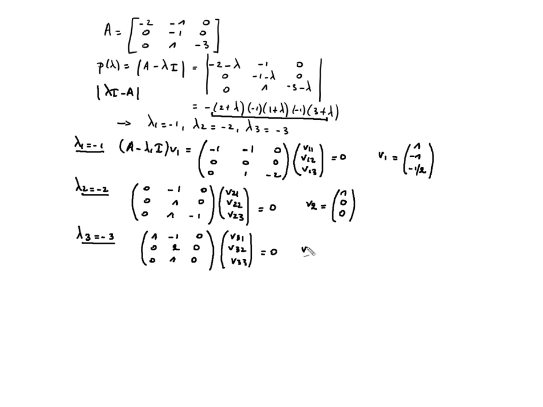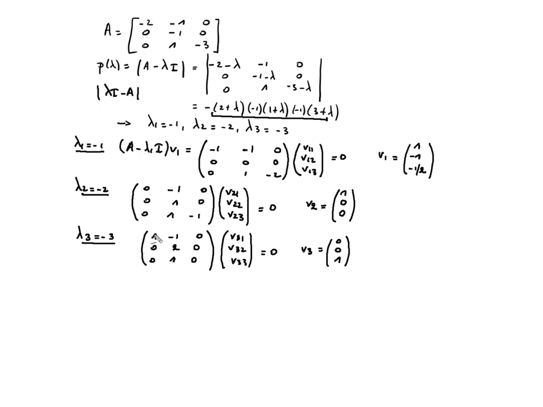The last equation tells you that the second element is 0. The first equation tells you that since the second element is 0, the first element is 0 as well. So here we'll have a 1 at the third component. This is my eigenvector that corresponds to the eigenvalue -3.